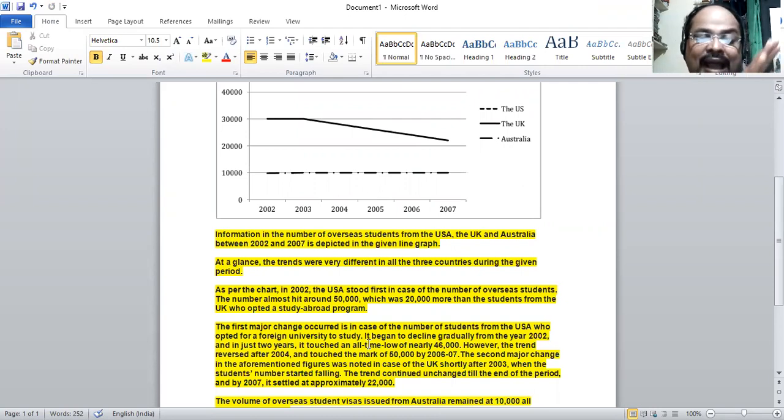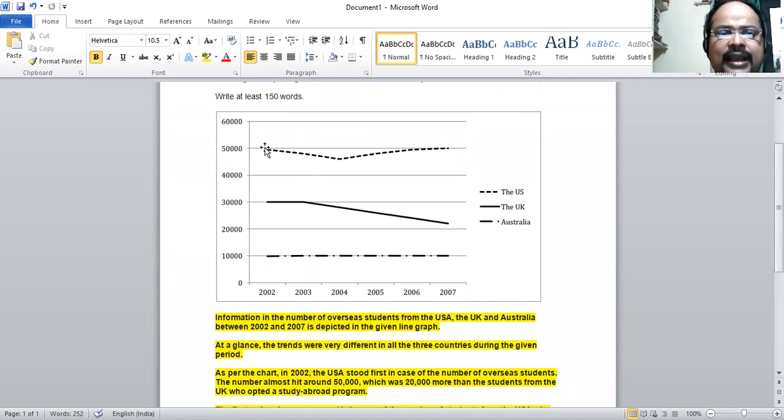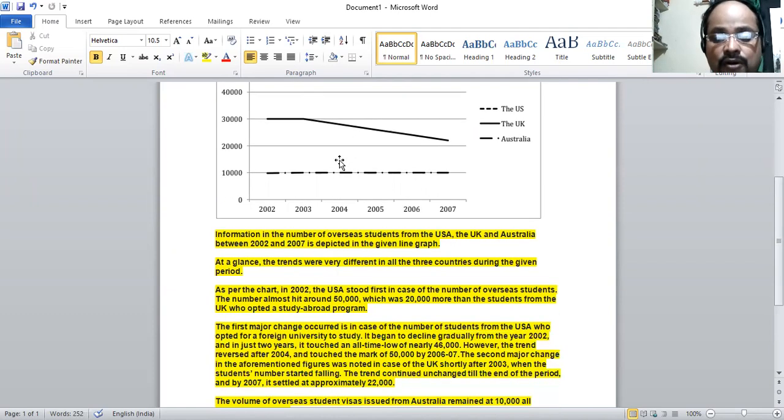It began to decline gradually from the year 2002, and in just 2 years, it touched an all-time low of nearly 40,000. You can say it started declining from 2002 and it went down. It was an all-time low for the US. The number of students who opted for a foreign university stood at the lowest in 2004, at around 46,000.